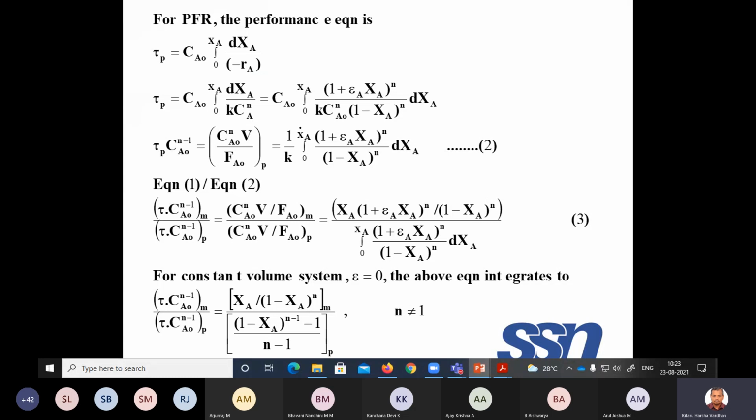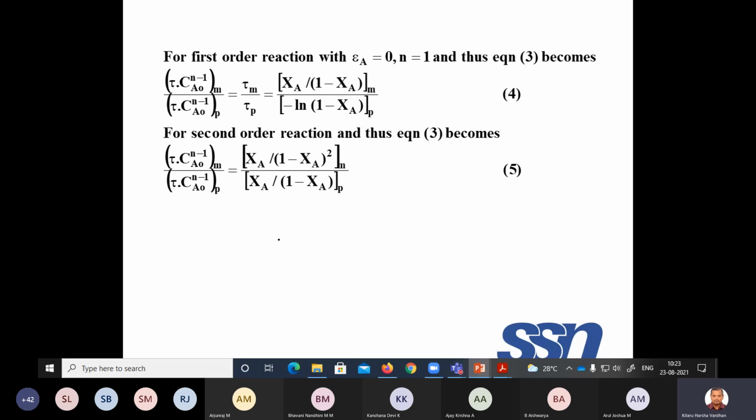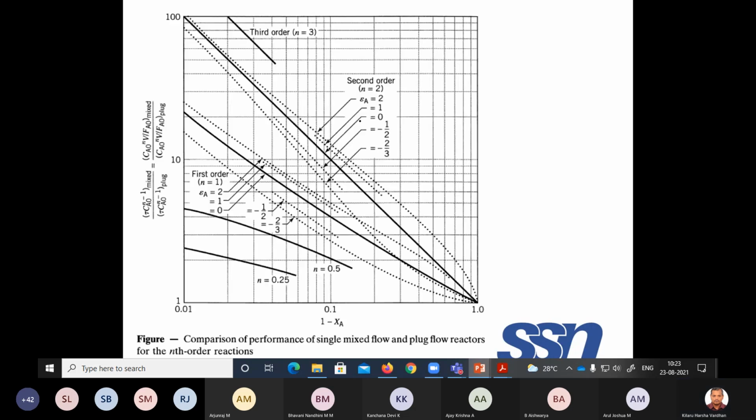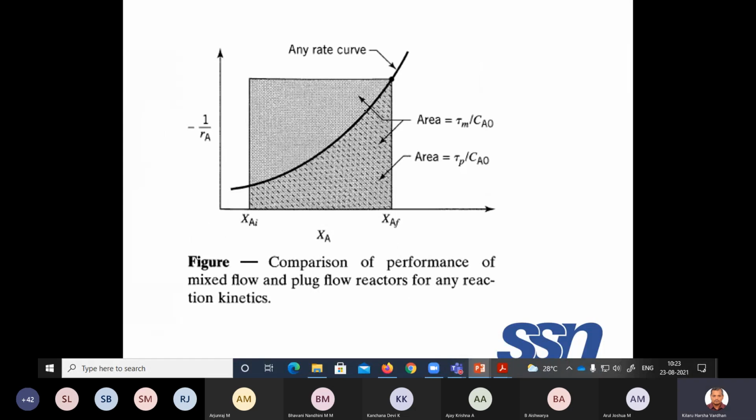This is the same derivation I showed you in the previous class, the same thing for epsilon A equal to 0 and n equal to 1 and n equal to 2. For order 2, you get XA by 1 minus XA, and XA by 1 minus XA squared. Whereas for order 1, you get ln of 1 by 1 minus XA, and XA by 1 minus XA. So this curve also I showed. This curve also I showed.